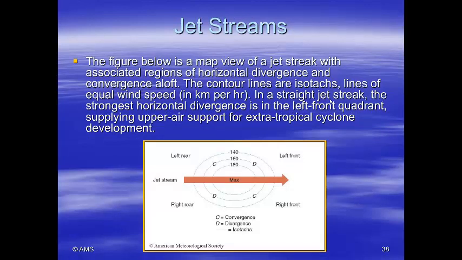So in this figure we map the view of a jet streak with the associated region of horizontal divergence and convergence aloft. The contour lines shown are isotachs. They're lines of equal wind speed, and these are shown in kilometers per hour.